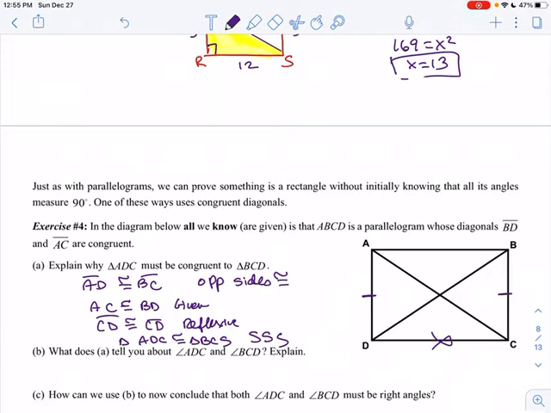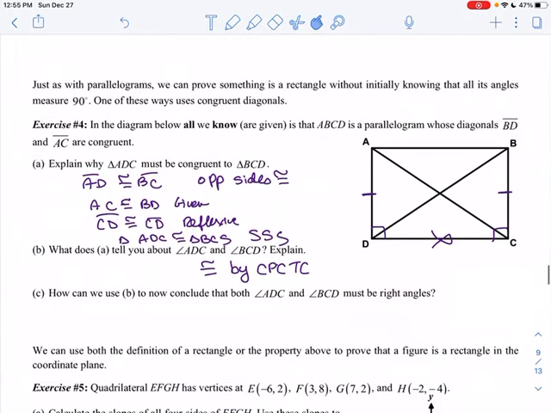These are overlapping. What does it tell us about angle ADC and angle BCD then? So ADC is right here, and BCD is over there. Those have to be congruent by CPCTC. How can we now use that to conclude that ADC and BCD must be right angles?